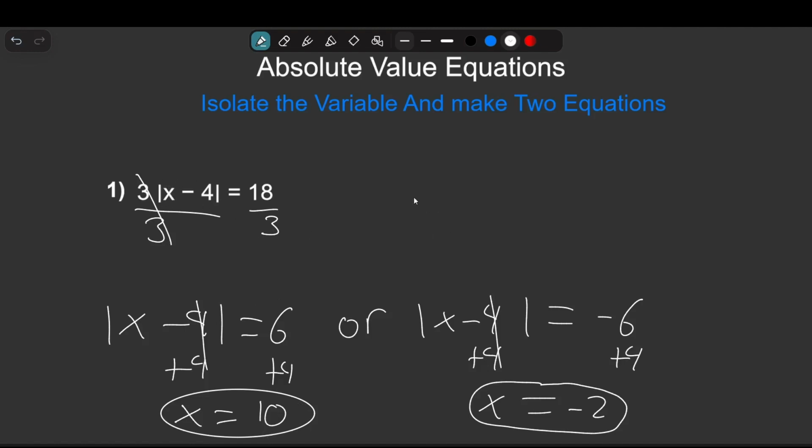We're going to plug it into the x, so we're going to get 3 times the absolute value of 10 minus 4 equals 18. If you solve this on your calculator, you will get the correct final answer, 18. The same goes with minus 2, and both of the answers will be correct. So our two final answers will be 10 and minus 2.